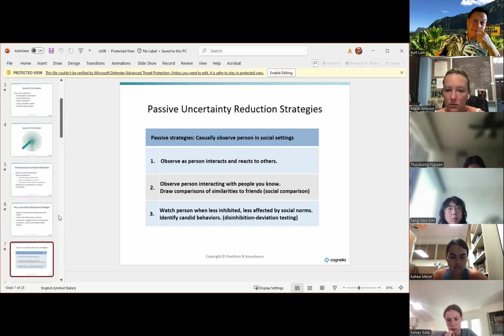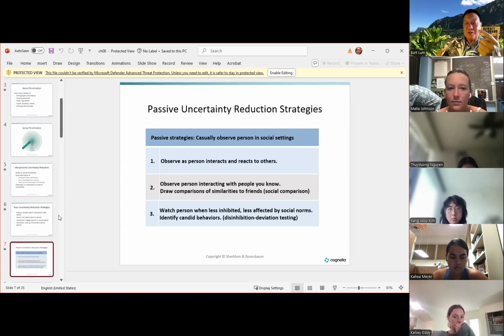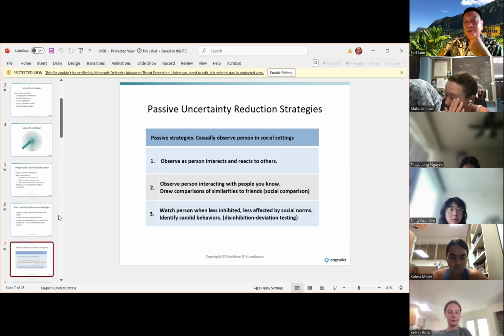So this could be a strategy even if you're an extrovert. You could decide, I don't need to be so in your face at the first meeting. So maybe the strategy is just to observe, to observe as persons interact and react to each other, like a fly on the wall.